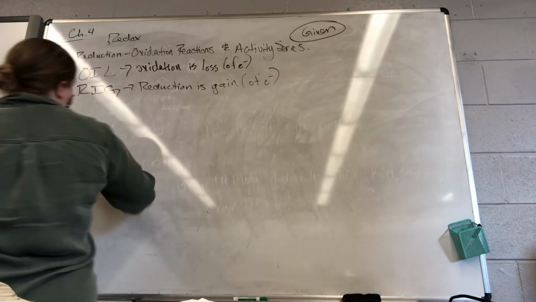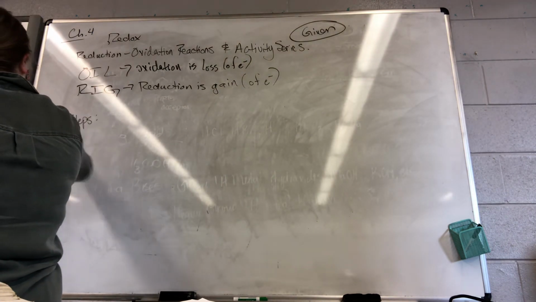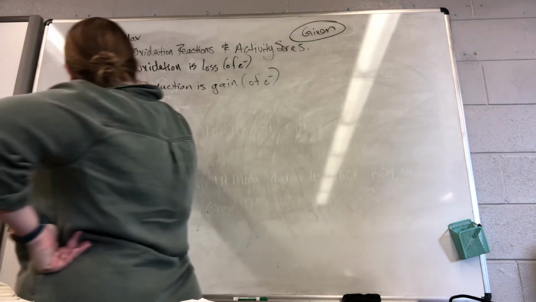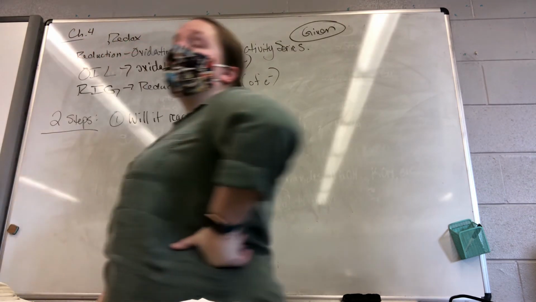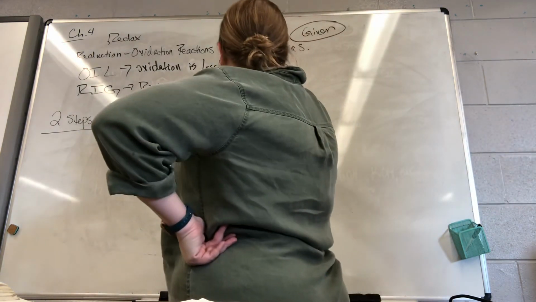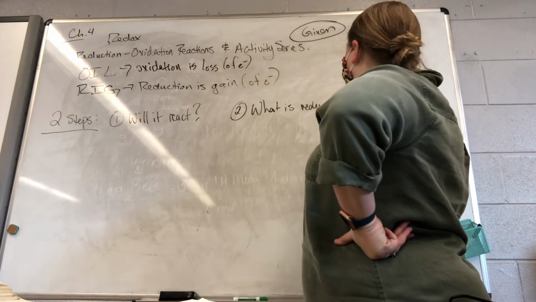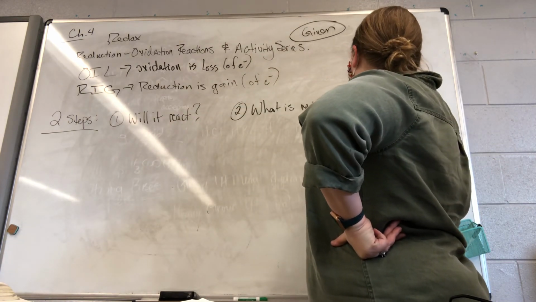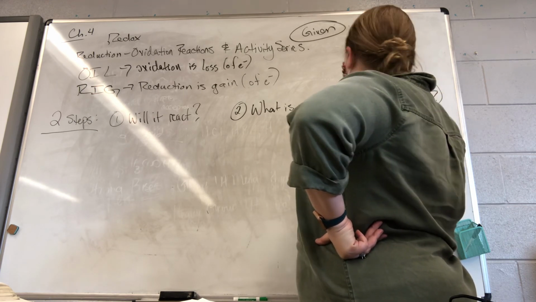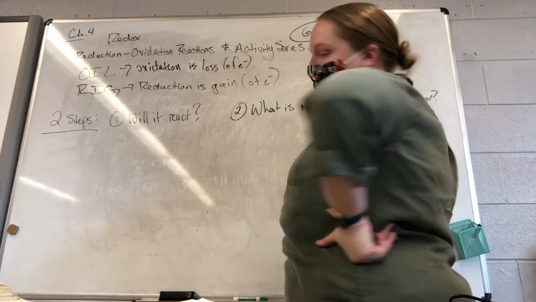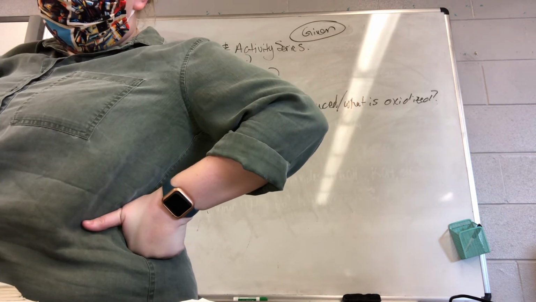Oxidation reactions are two-step. First one is will it react? Second is what is reduced, what is gained. Oops, oxidized. All right, let's do an example. Or 12.